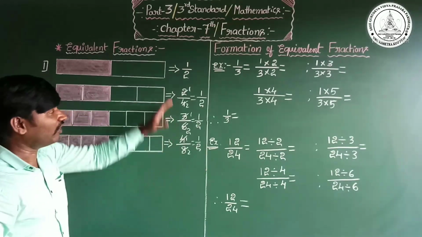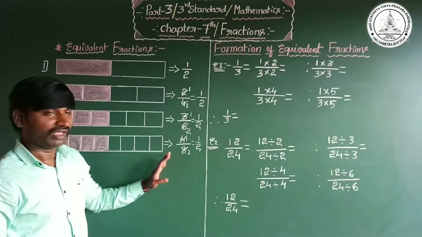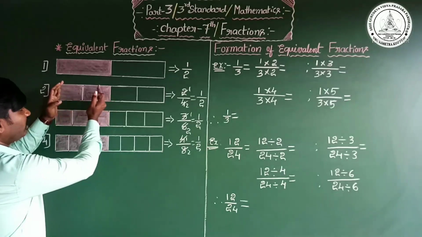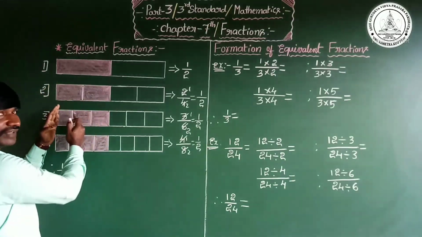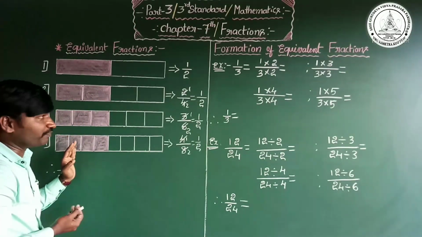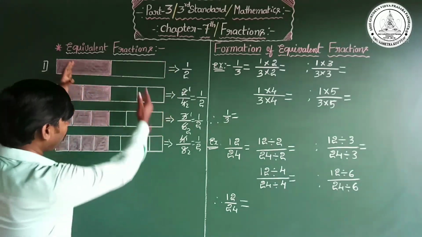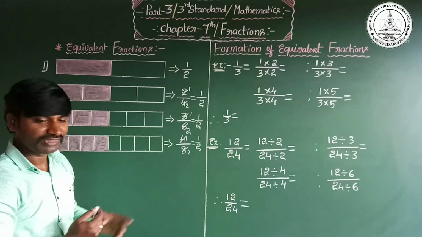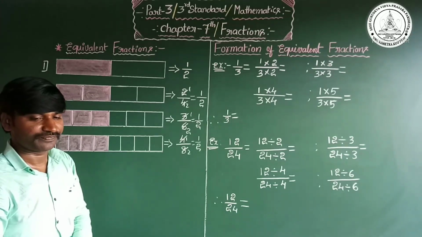All are equal, but each is divided into a different number of groups. Observe, all are equivalent. These are the equivalent fractions.